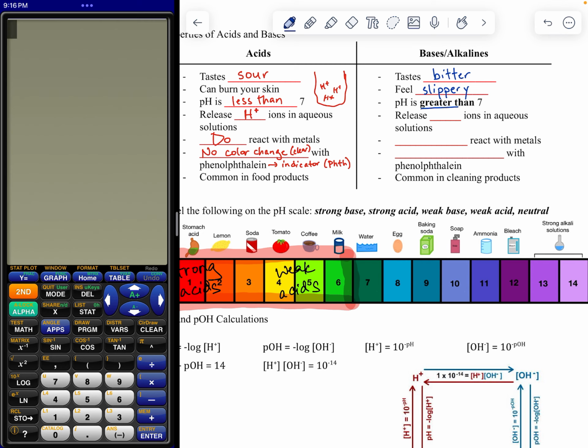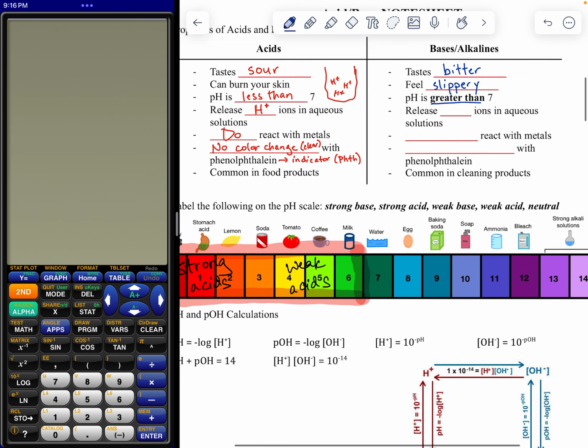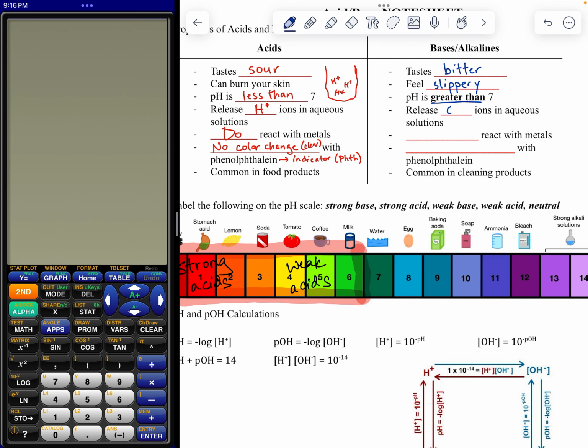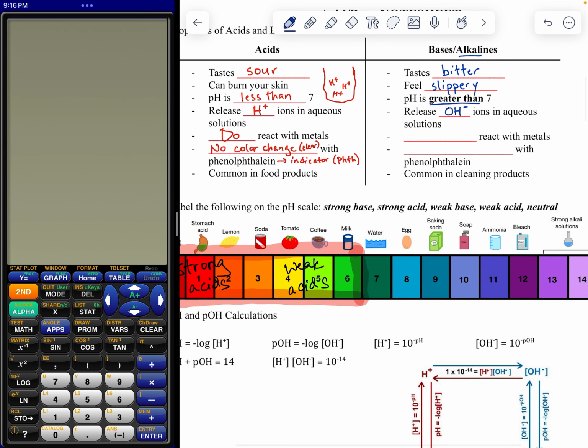Greater than 7, of course, is the pH value. And again, very important here: it releases OH ions. The OH ions are what make a base, or what we say is alkaline. And of course, while acids react with the metals, the bases do not react with the metals, and they appear pink with phenolphthalein.